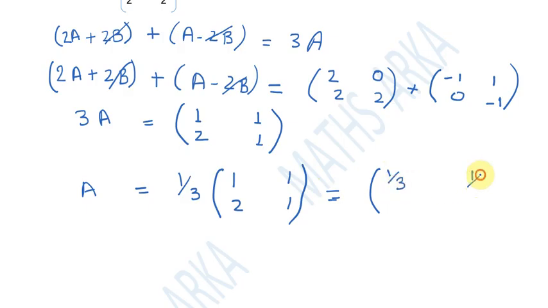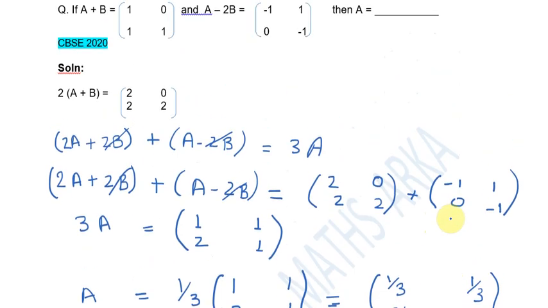So it is 1 by 3, 1 by 3, 2 by 3, and 1 by 3. So this is our matrix. So A is equal to this matrix. This would be our final answer for this question. Hope this is very clear to you. If you want to take some snapshot, you can take that as well.